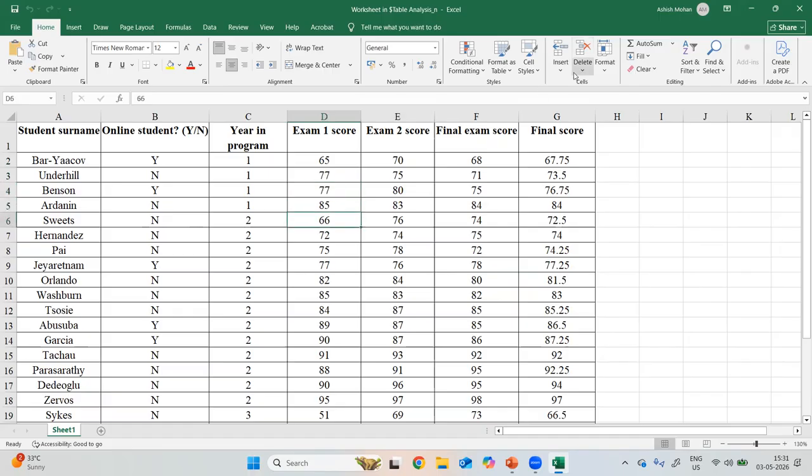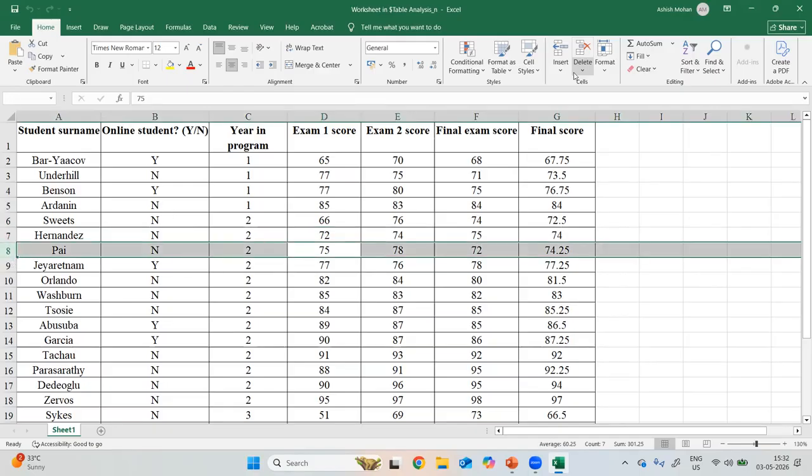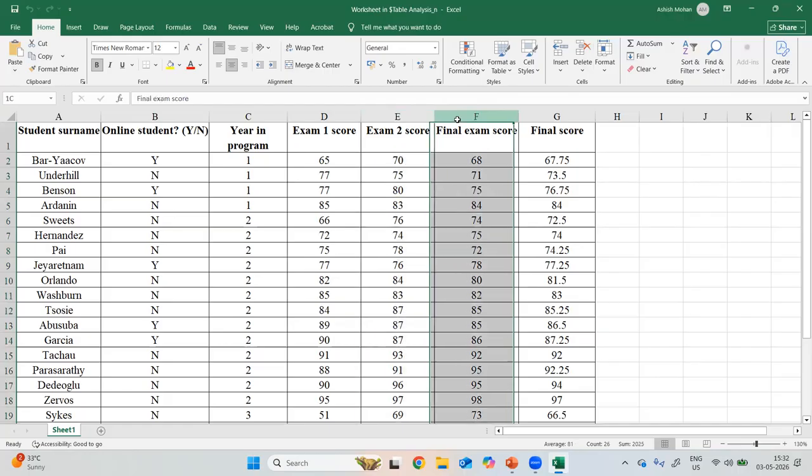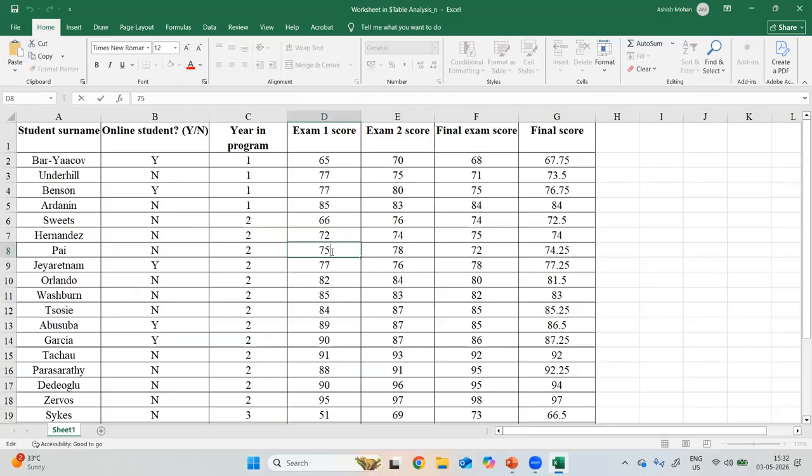Now I am going forward with this. Notice this candidate's exam 2 score and final exam score are 78 and 72 respectively. So if exam 2 and final exam have the same weightages, then the average of these two would have been 75, correct? And notice this candidate's exam 1 score is also 75.